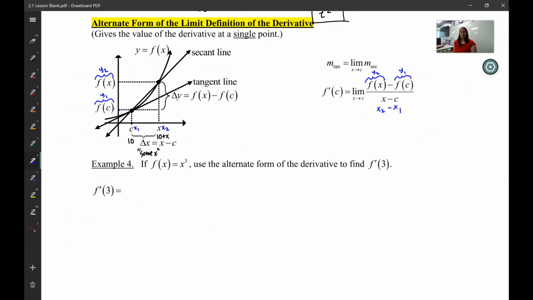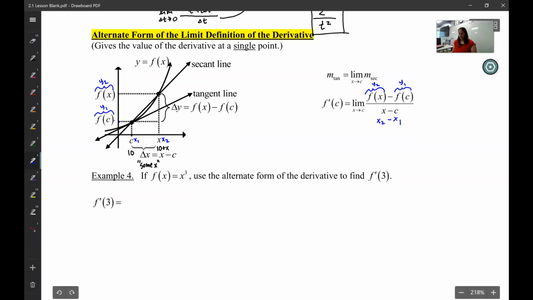I'm plugging in f prime of 3, not just f prime of x. So let's plug this part in. If I want to find f prime of 3, I'm going to use this new definition. So that right there, that 3, that's my c. So I want the limit as x goes to 3, or c, of f of x minus f of c, c is 3, all over x minus c is 3.